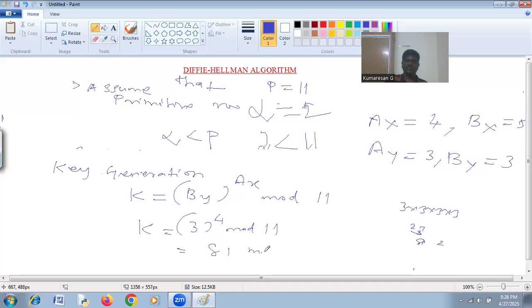So 81 mod 11. 7 into 11 is 77, so the remainder is 4. So the key is 4.